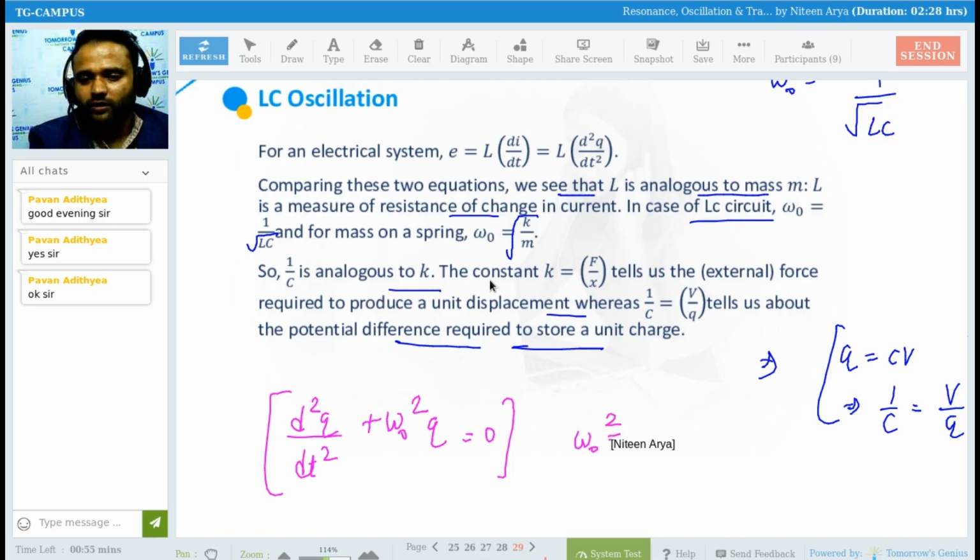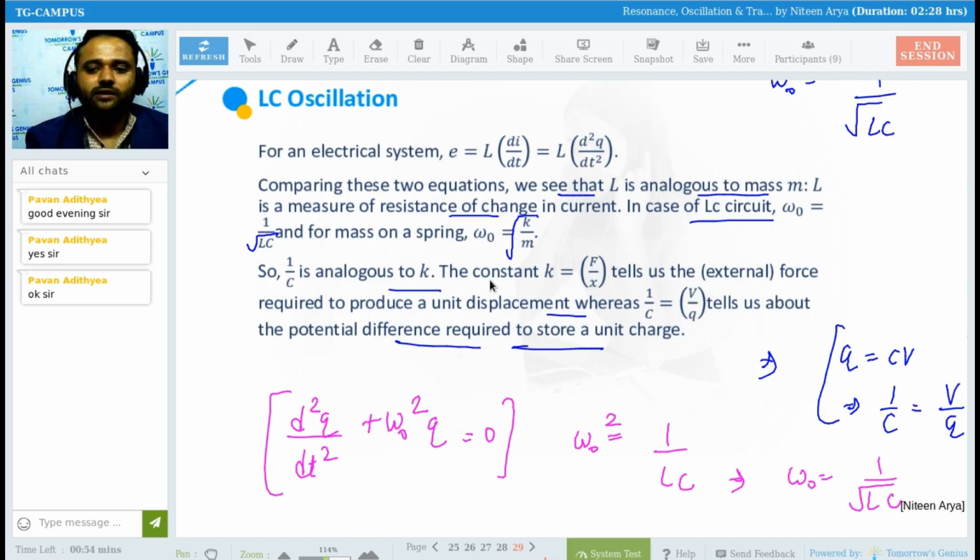Here omega naught square equals 1 upon LC, and omega naught equals 1 upon under root LC. So here 1 by C behaves as k, and L behaves as m.